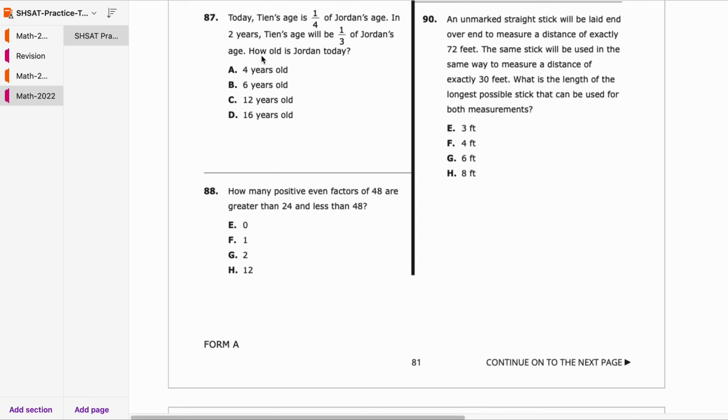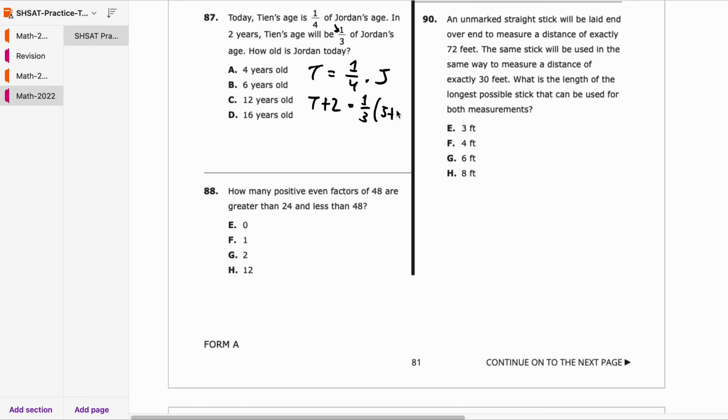So now 87. So today Tien's age is 1/4 of Jordan's age. So Tien's age is 1/4 of Jordan's age. Now in 2 years, Tien will be T plus 2 years old, and that's going to be 1/3 of Jordan's age, right?